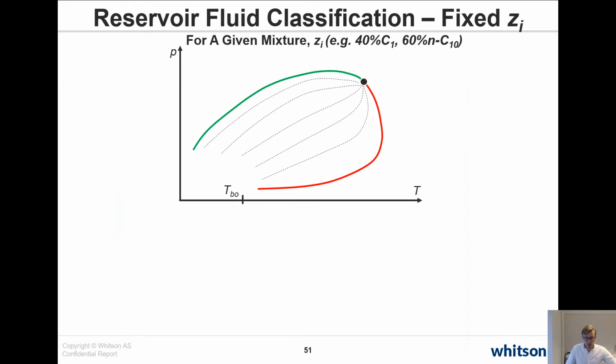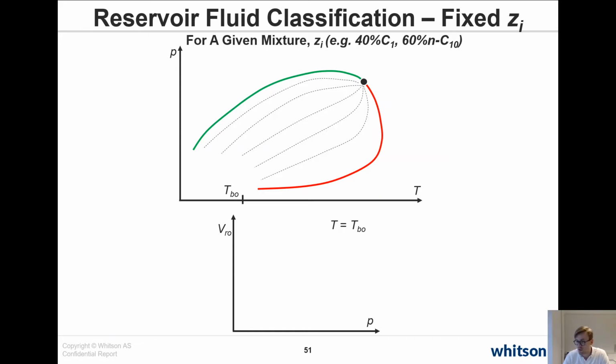So now we're going to reiterate on a couple of these reservoir fluid classification items, and we are now including a little bit of additional complexity. In addition to looking at the PT diagram, we'll also look at the liquid relative volume plot associated with each of these diagrams. Just for the sake of these illustrations, this is a given mixture that can, for instance, be 40% methane and 60% normal decane.